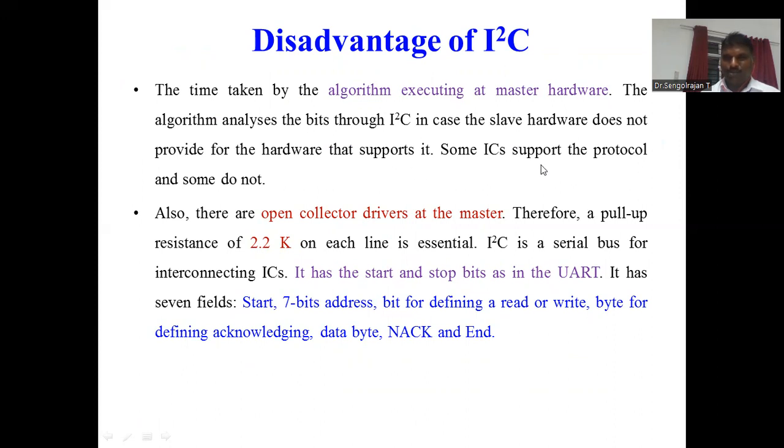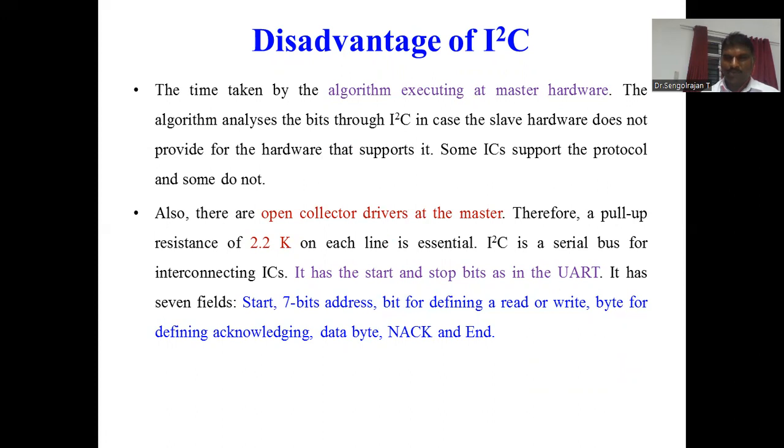Some ICs support the protocol and some do not. Sometimes the I2C bus protocol may or may not be supported. That is one difficulty. Another difficulty is open collector drivers at the master, so 2.2 kilo ohm on each line is required.